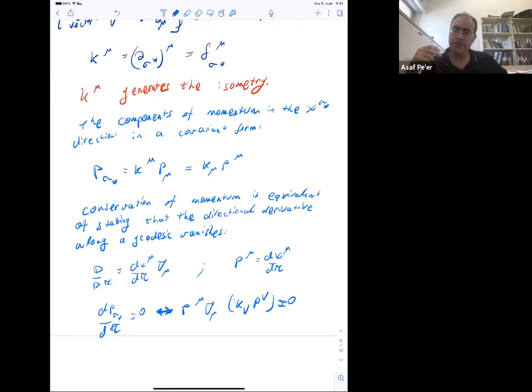Right, this is simply writing down the same conservation of momentum, but now in a covariant form, by writing down P as K mu P mu and recalling that the covariant derivative along the path is just d over d tau, dx over d tau, so it's just P mu nabla mu, which is equal to 0.